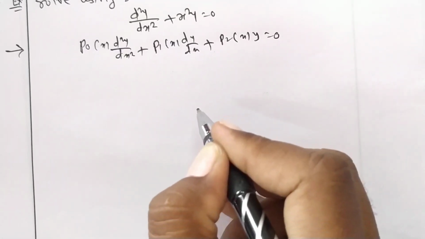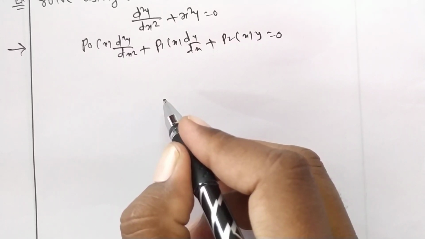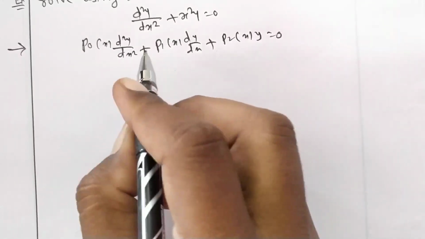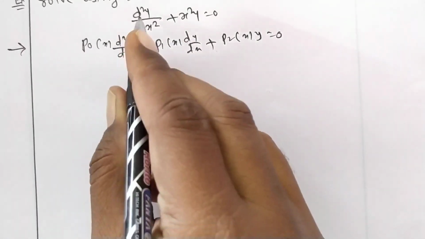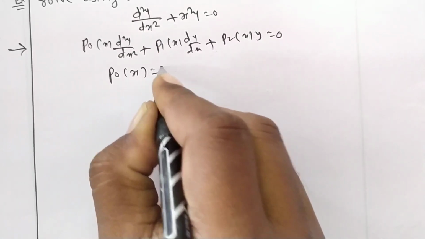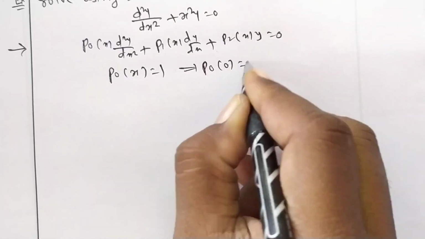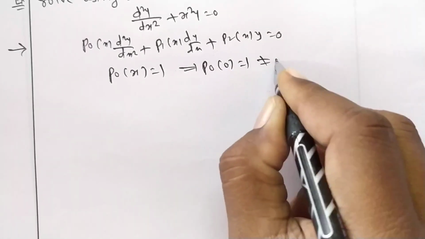How we solve such a linear differential equation with variable coefficients was already explained in the last video. If we compare this with that, then here p0 of x is equal to 1. So using this we can write p0 of 0 is also 1, which is not equal to 0.